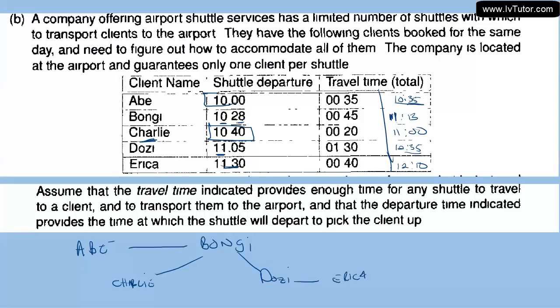Now I've just drawn the constraint graph, but if we're going to write down the constraints, we say Abe is not equal to Wongi, Wongi is not equal to Charlie, Wongi is not equal to Dozy, and Dozy is not equal to Erika.